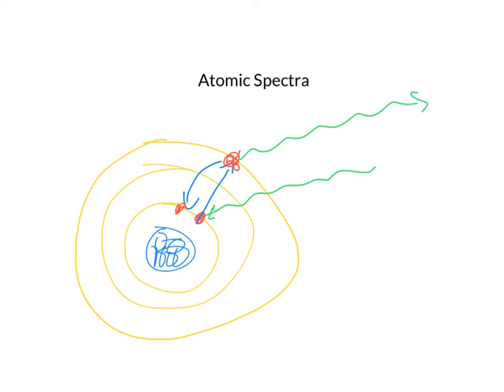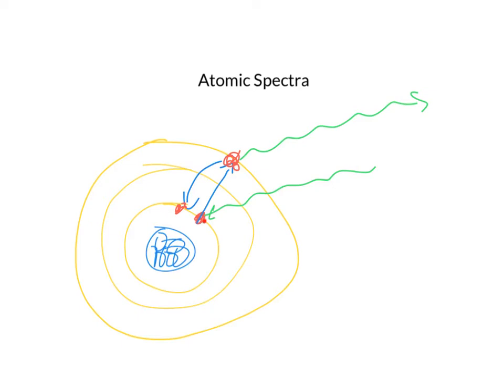Now, each different atom, say carbon atoms or hydrogen atoms or helium atoms, will all have different energy shells and different numbers of electrons. So the amount of energy given off will be different for them, and the corresponding frequencies will be different, just because the jumps will be different. But that's what the atomic spectra are really down to anyway. We'll recap again.